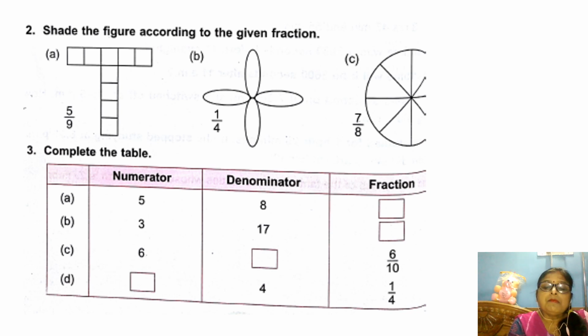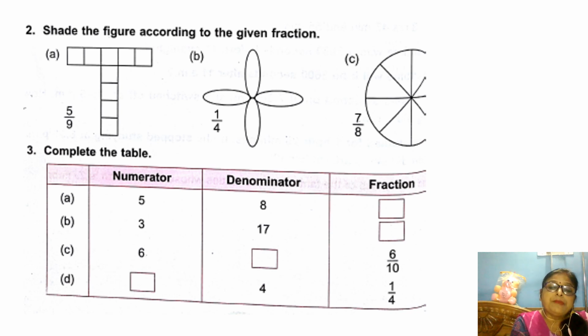Total segments in question A is 9 and you have to set portion 5. Question B, 1 by 4. So you shade one part of the whole 4. Next is 7 by 8. In this figure, you set 7 parts and then complete the work.